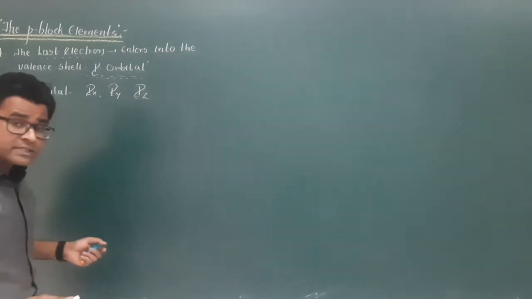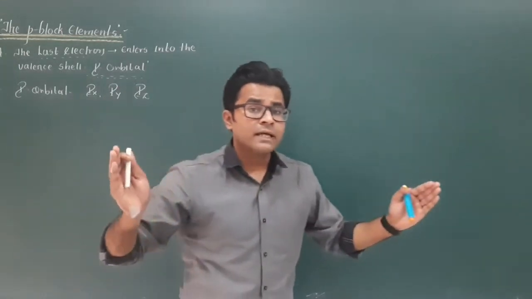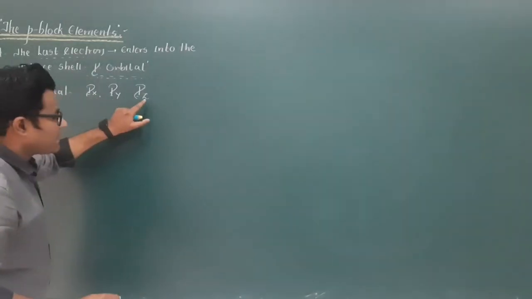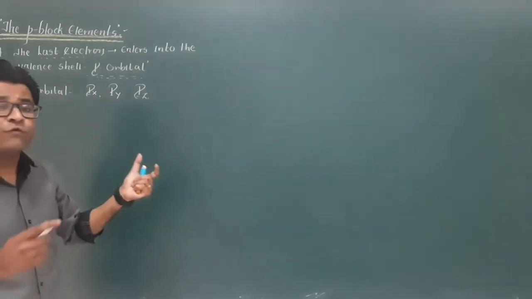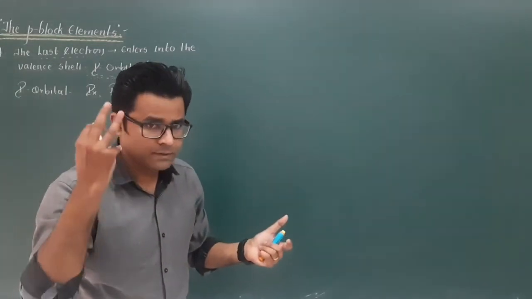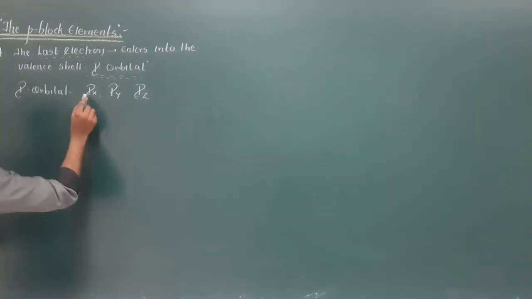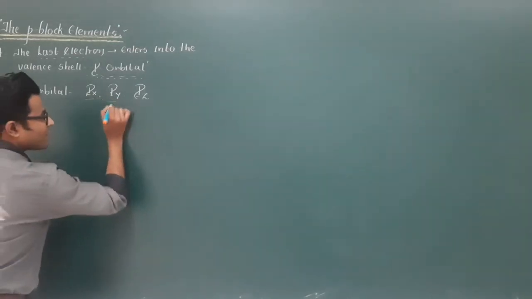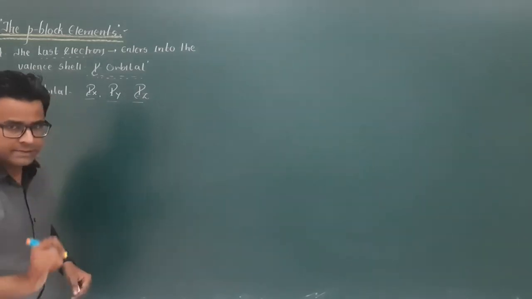We have already discussed the shapes of these orbitals in the chapter atomic structure. Every single orbital has the capacity to fill 2 electrons. So 2 electrons will be accommodated in px, 2 in py, 2 in pz.